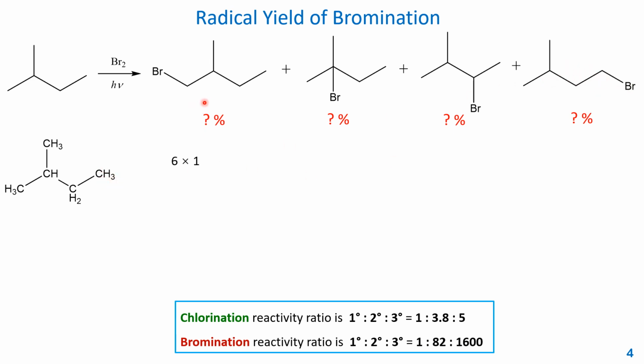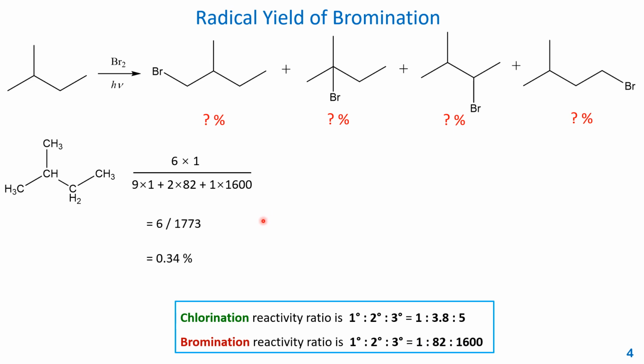For this product, you have 6 primary hydrogens times 1, that's the reactivity, over the total. Now we have to calculate the total primary, that's actually 9, 3, 3, and 3. That's 9 primary hydrogens times 1, plus there are 2 secondary hydrogens here, so 2 times 82, plus 1 tertiary hydrogen, so 1 times 1,600. Then you can calculate that number is 0.34%.